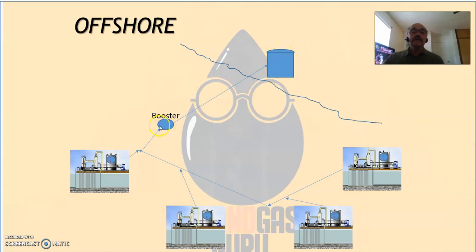So we had a booster in between, so they can be repumped and get here. So that's another configuration depending on what we have. And depending on what we have, we design the facilities, right?